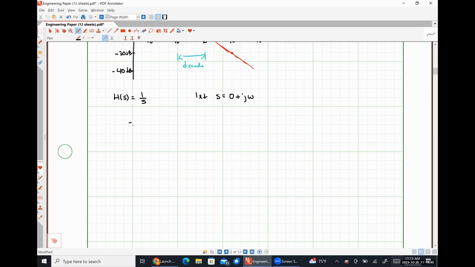So from that, I would simply have 1 over j omega, which is the same thing as negative j times 1 over omega. My angle as a function of S is now effectively my angle as a function of omega.